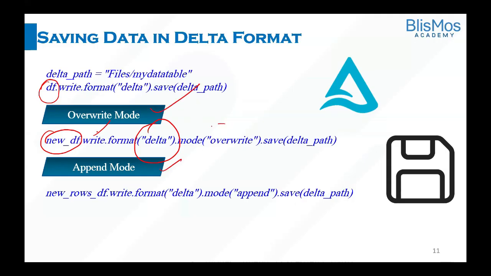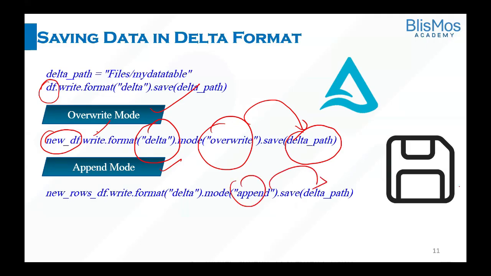In the overwrite mode, it will overwrite the file which is there in the path, but in the append mode, it will append to that file. Okay. So if you have a data frame, and if you want to store the data in a delta format, you can do this by using an overwrite mode or an append mode. Okay, one of these two ways.